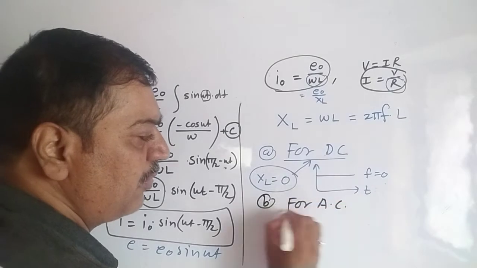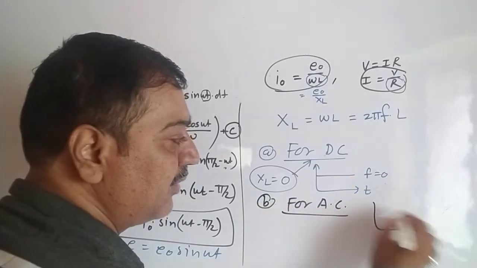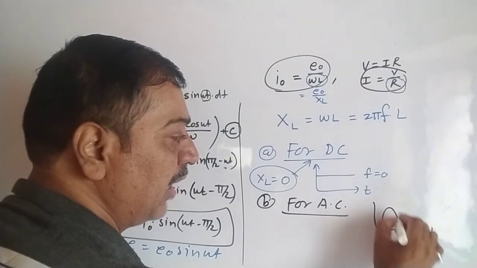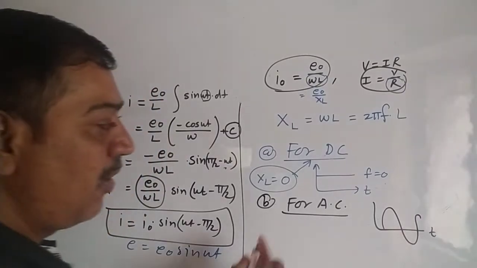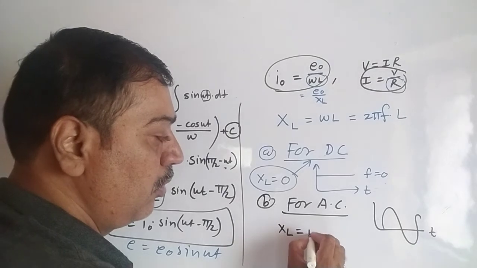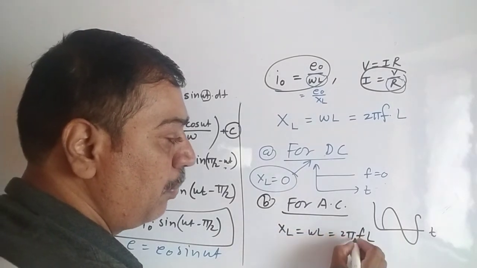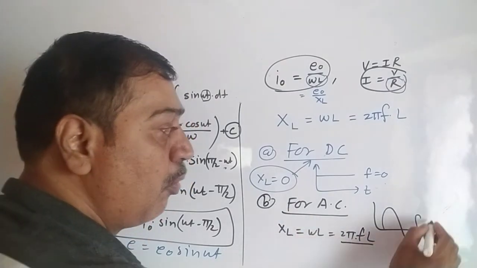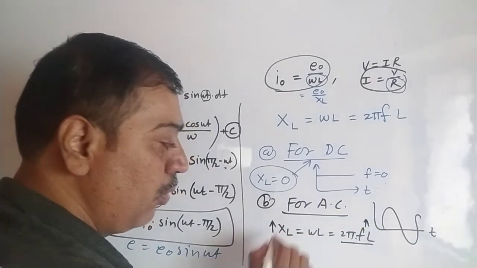Same thing we have to do for the B part, for AC. For AC, the frequency is not 0. You can write it like this: it is time and it is changing with time. So the wave changes like this, changing with time, so it has some frequency. So frequency is not 0, so we can write inductive reactance XL equal to omega L equal to 2 pi FL. And it is seen that if the AC has more frequency, XL gets more.